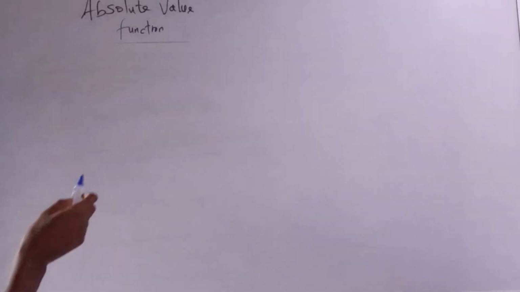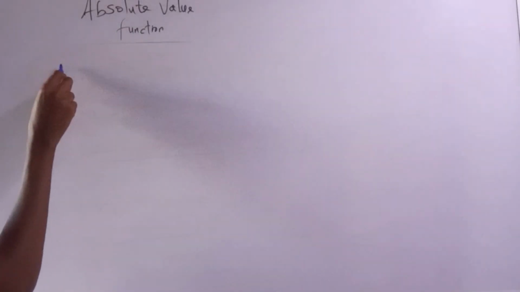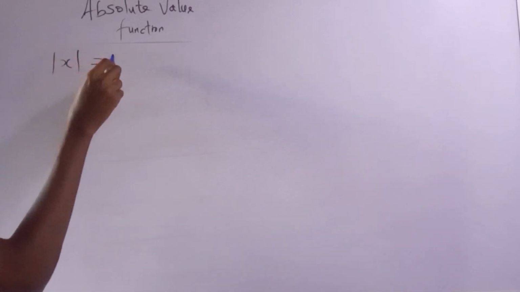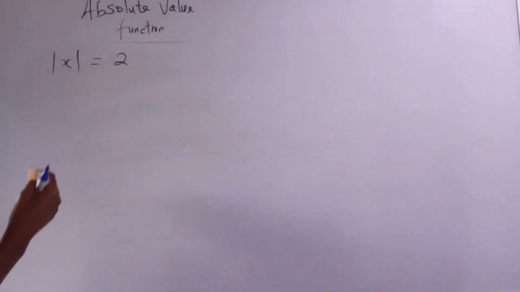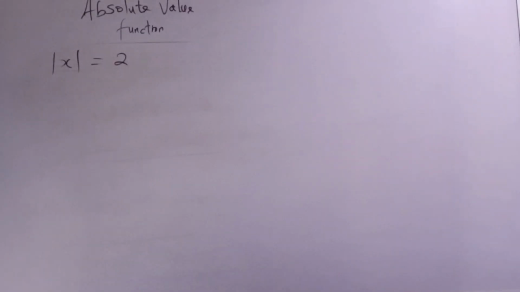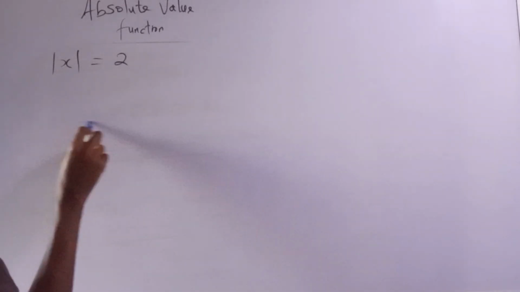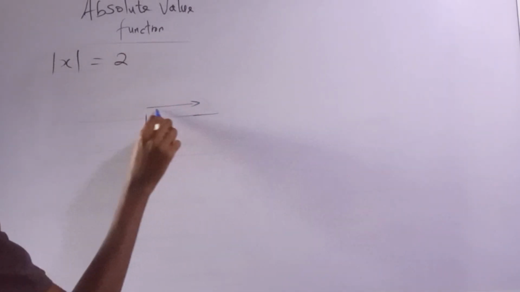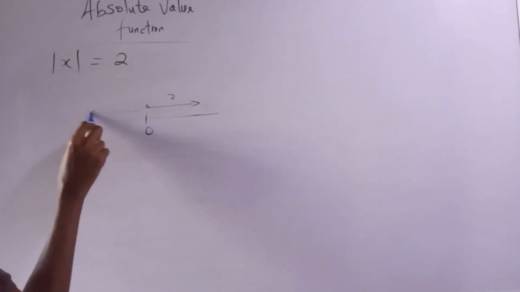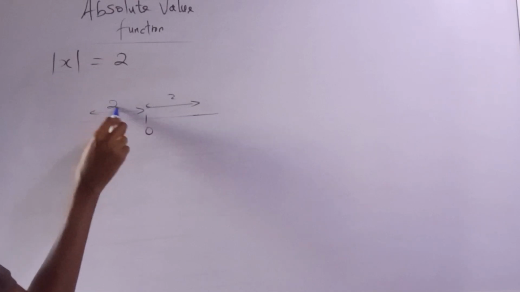Now given an unknown, let's say x, and we have that the absolute value of x is equal to 2. This equation tells you the values of x that have a distance of 2 from 0. So now we can have two values here. Let's say we have our point 0 here, then we have a distance of 2 here, and likewise we should have a distance of 2 on the left hand side.